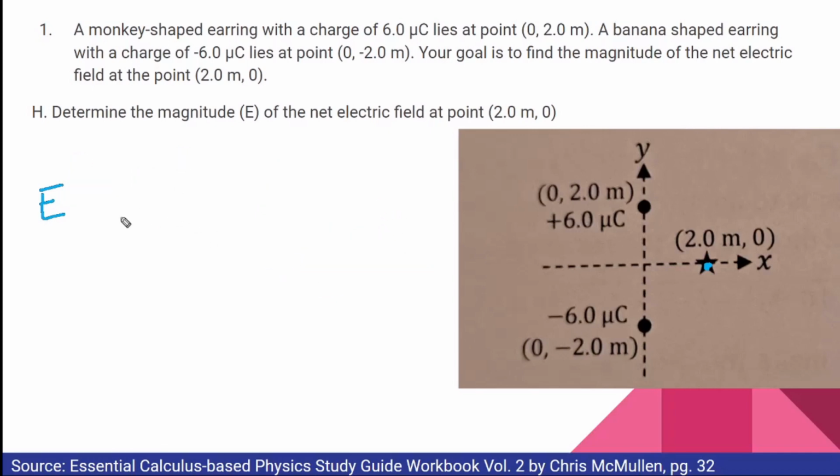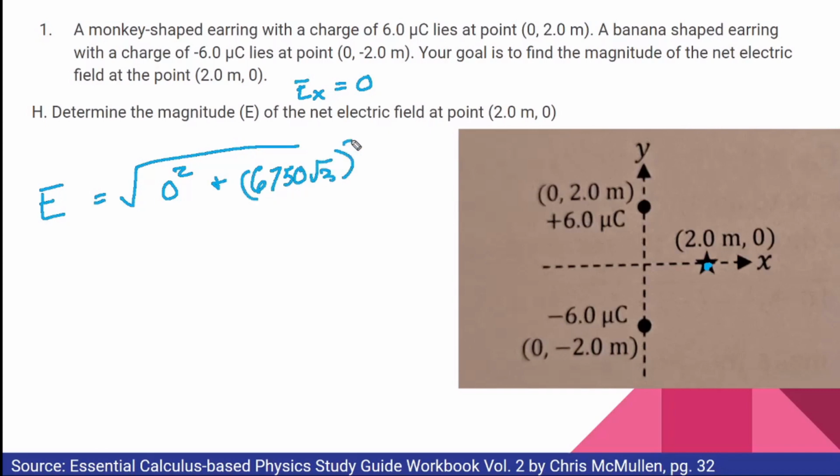For this, we will take the square root of the sum of 0 squared, because our x component was 0, and 6,750 radical 2 squared, as this was our y component.